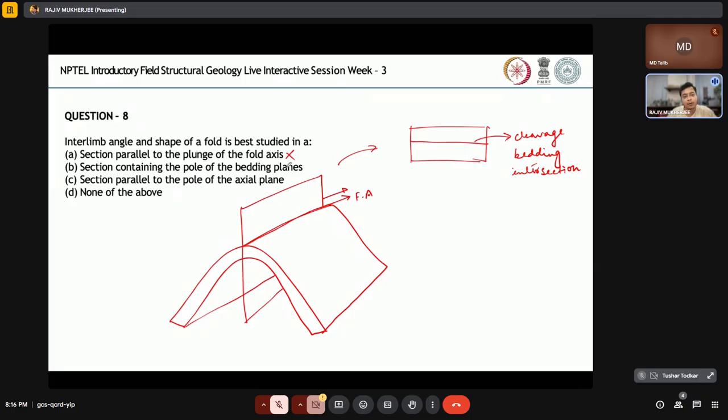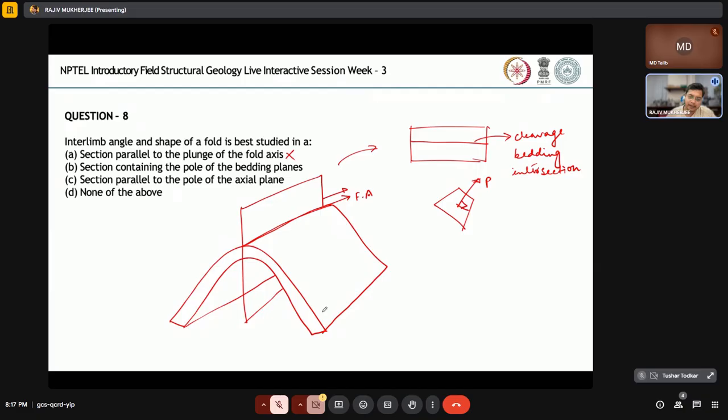Now comes the section containing the pole of the bedding plane. So pole means if this is a plane, then the vertical line drawn orthogonal to that plane will be the pole, right? So pole means an orthogonal relationship between a plane and a line.